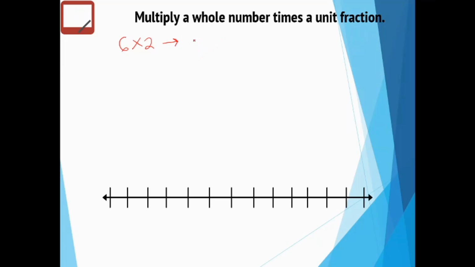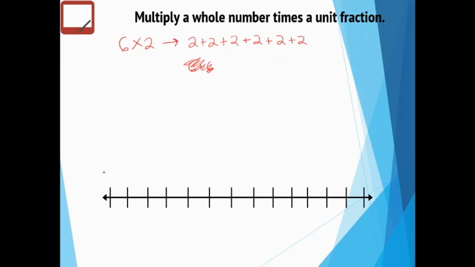So another way to write this is 2 plus 2 plus 2 plus 2 plus 2 plus 2. Or you could write it 6 plus 6. Either way. But we're really not going to look at this one. We're going to look at this one. All right. So 6 times 2. That's the multiplication sentence, and then we have our repeated addition sentence.